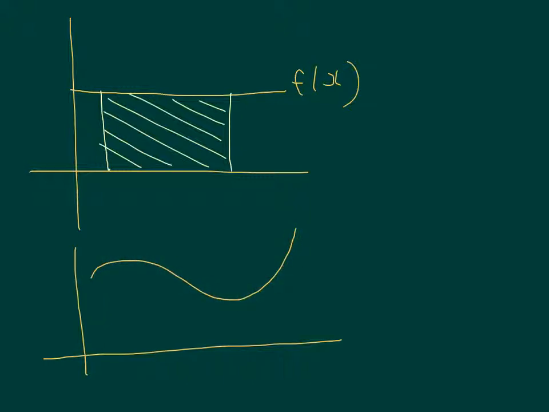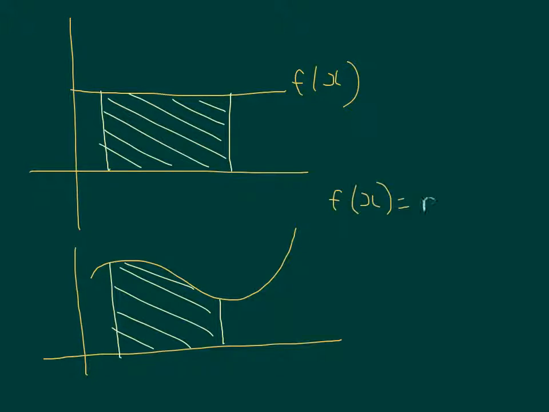So the rate of change of the area, let's say we're now finding that area, the rate of change of that area, note the word rate, is this f of x here. So what I've just said is f of x is a rate, the rate of change of the area.